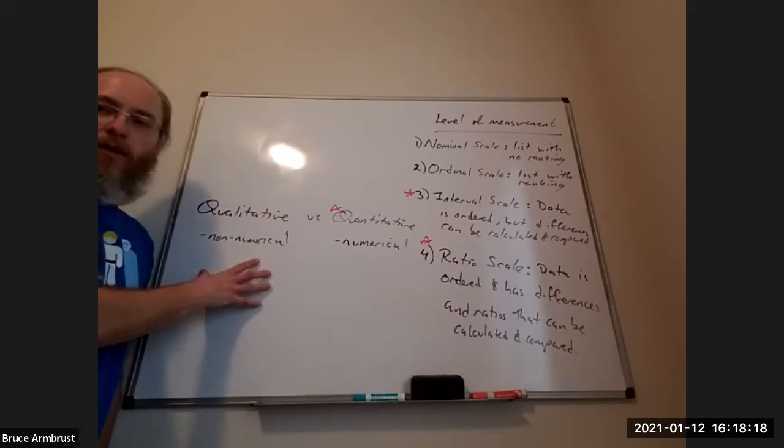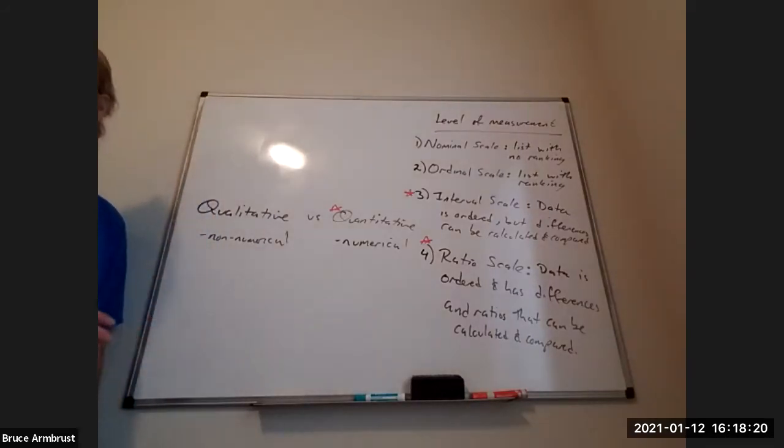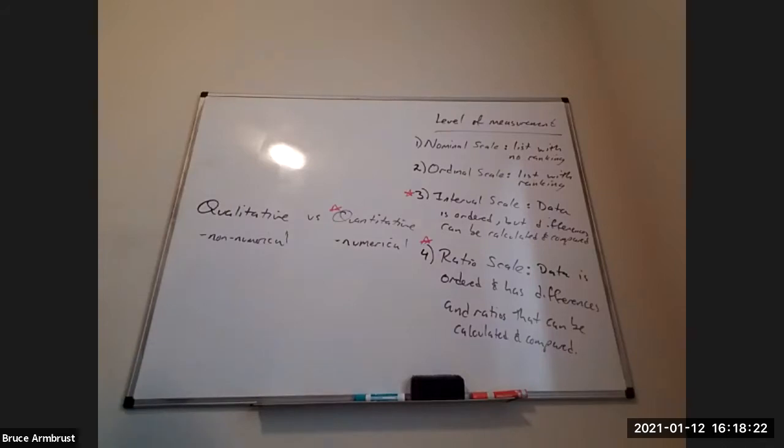So we're going to start with qualitative. All right, we're going to look at things that you can do to describe qualitative information. So since it's qualitative, that means we're not going to be doing things like finding the average. We're not going to be doing things like putting them in order necessarily, right?